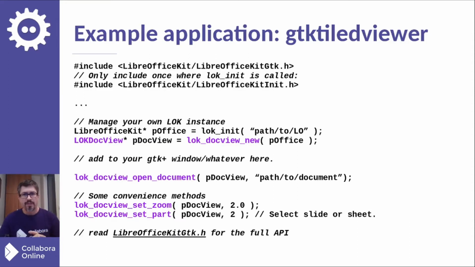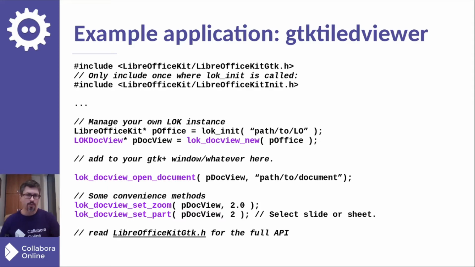Here is an example application that uses LibreOfficeKit. This is gtktiledviewer. You can see that it is reasonably simple. You have to include something so that the LibreOfficeKit is accessible for you. But then you do some initialization, then get the document, and then you can do the operations with the document.